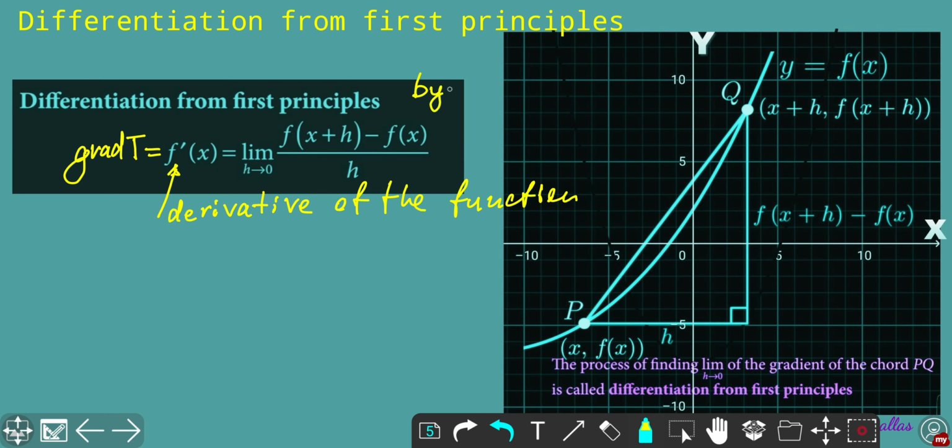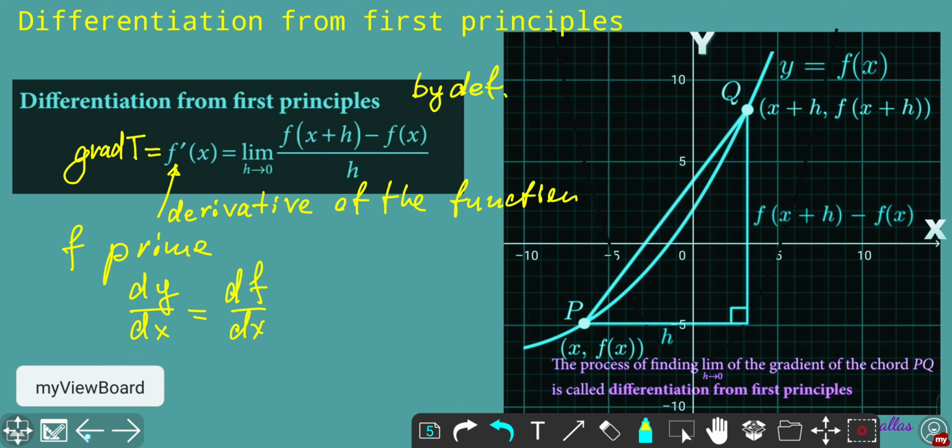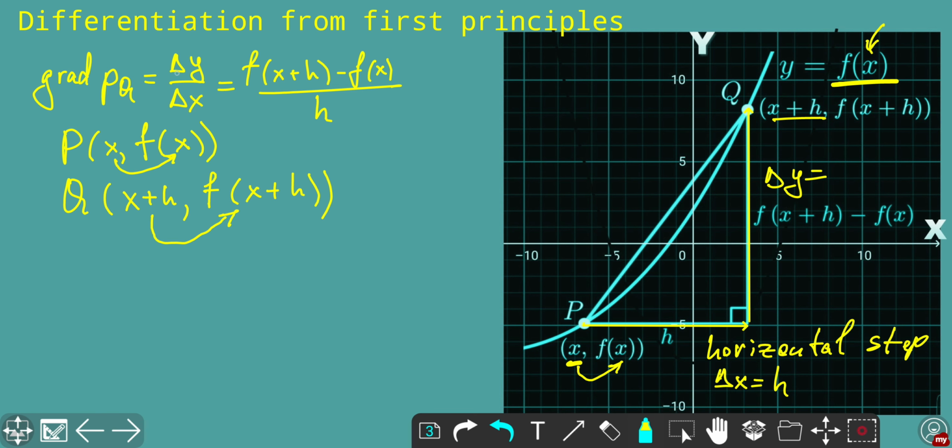By definition, all right? And sometimes you might hear f prime. Sometimes you might hear these words, f prime, or you might hear the word derivative. So we differentiate the function, and sometimes teachers tell you that it's dy dx or df dx. What do those d's mean? It's sort of a notation. However, if you look back at what the gradient of PQ is, it is change in y over change in x.